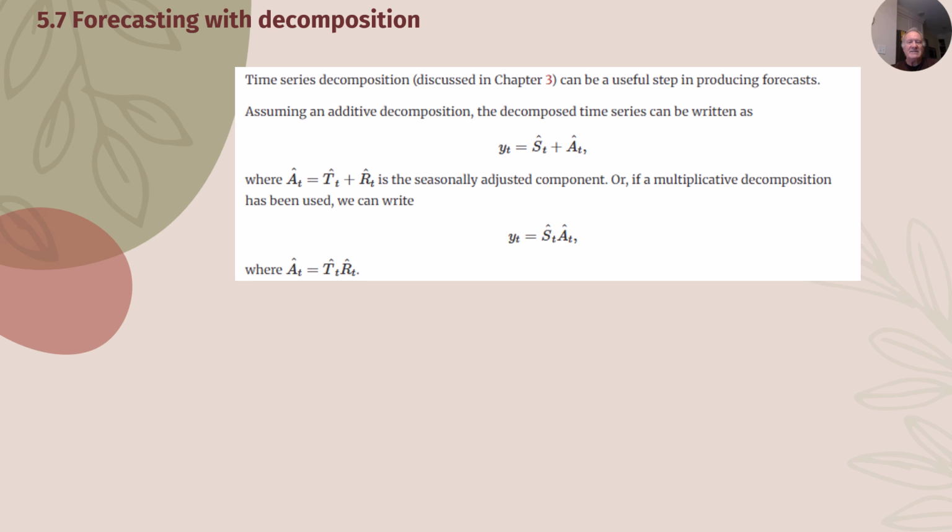So the actual data is equal to the seasonal component plus the trend plus the residual. Or if a multiplicative decomposition has been used, then we can write that y_t is equal to S_t times A_t, where A_t is equal to the trend times the residual.